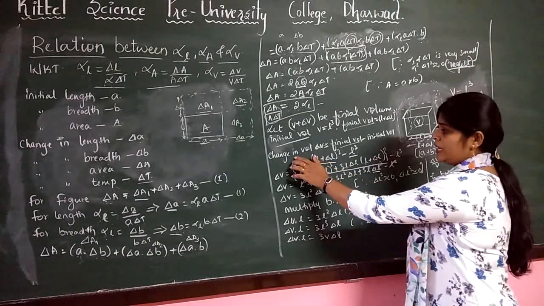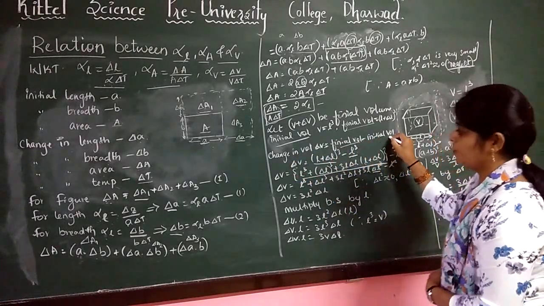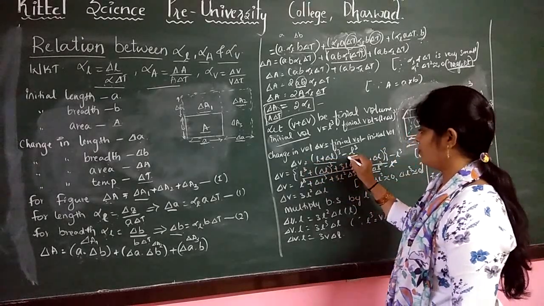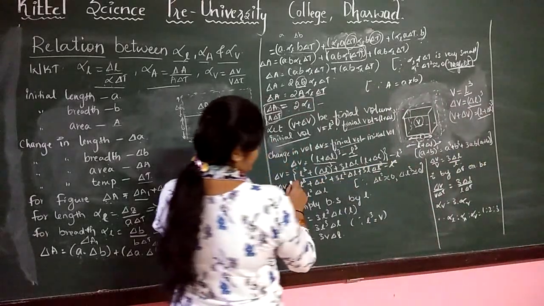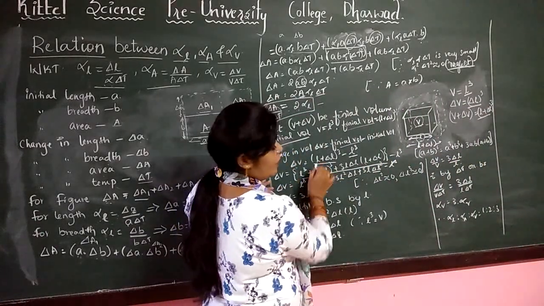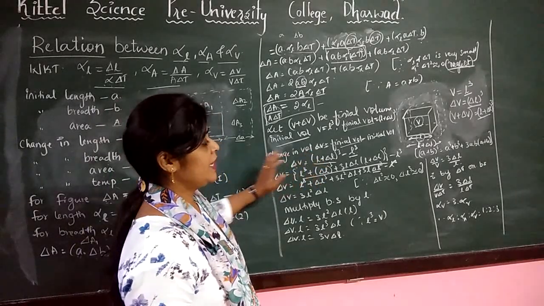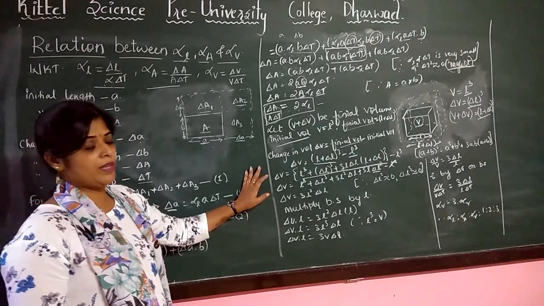So the change in volume is equal to final volume minus initial volume. So delta V is equal to L plus delta L whole cube minus L cube. This is in the form of a plus b the whole cube. A plus b the whole cube is a cube plus b cube plus 3ab into a plus b.